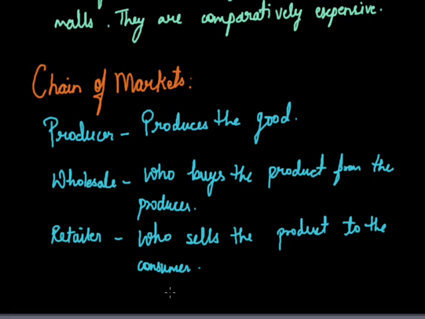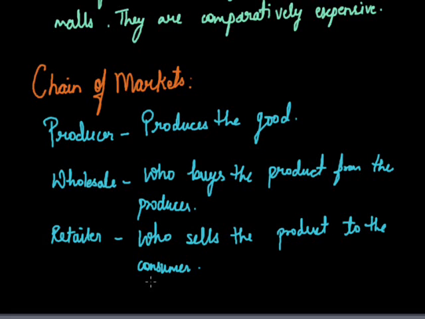Many a times, other than these markets, we find that there are vendors and hawkers who sell the product from road to road, crying out loud about the product and then allowing the consumer to make a choice whether to buy or not.